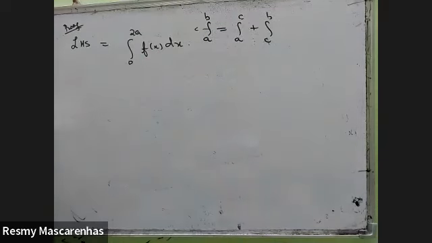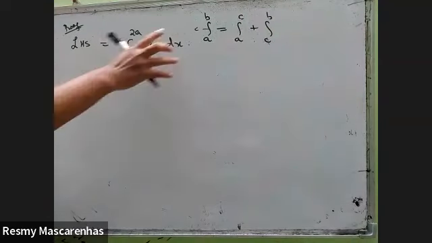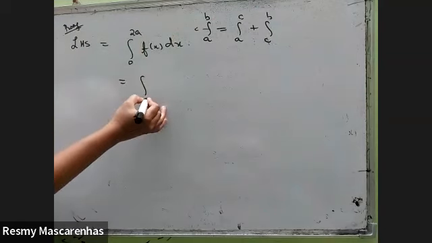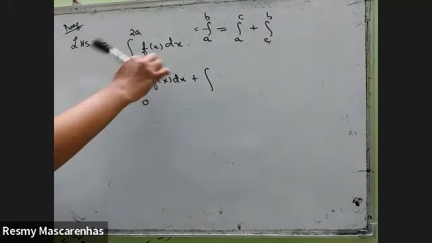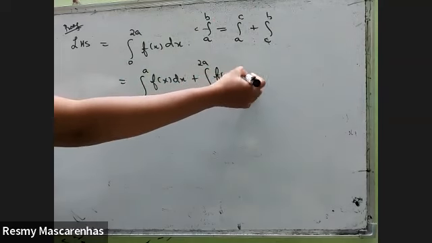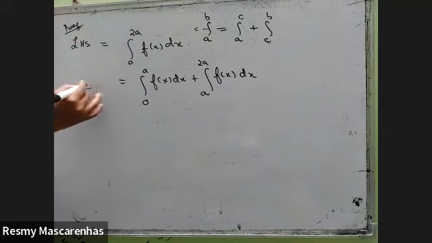So any one interval can be split into two parts, but you have to continue the same letter here and then the third one. So as per that, we'll split this into two parts. One 0 to a f of x plus then the next one will introduce from a to 2a f of x. Finally 0 to 2a I'm splitting into two parts, 0 to a and then a to 2a.